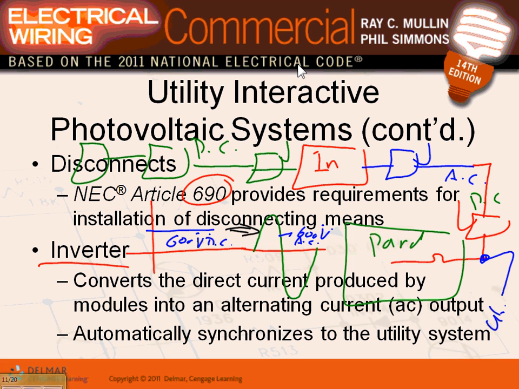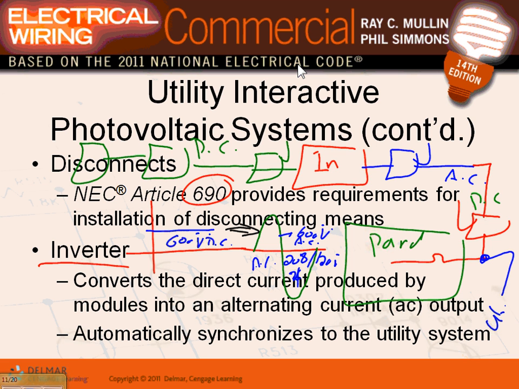I took 600 volt DC and converted it into a 600 volt AC system. Or you can convert it into a 208/120 volt 3-phase AC system. Any questions, guys, on what the inverter does?